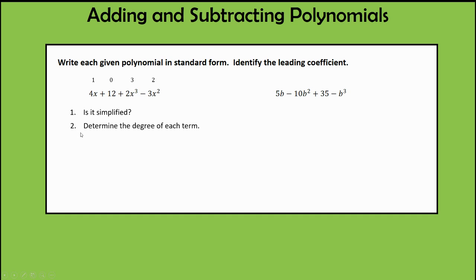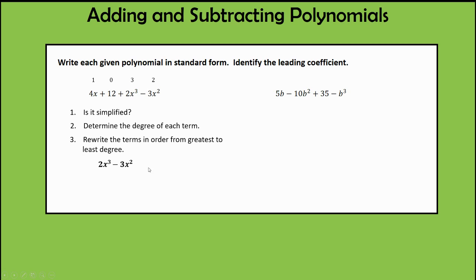To put it in standard form, we rewrite it in order from the biggest to the smallest degree. So my largest degree is the 3, which is this term. So that comes first, 2x cubed. Then go to 2. Well, remember now, a minus sign means this has got to travel with this term. So minus 3x squared has to be my next term.